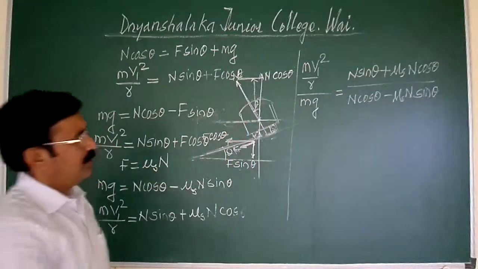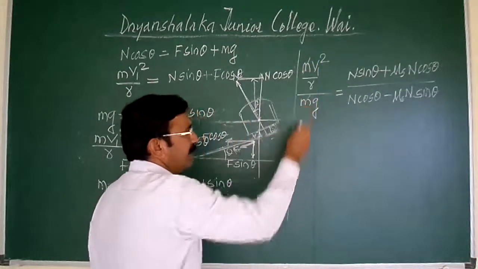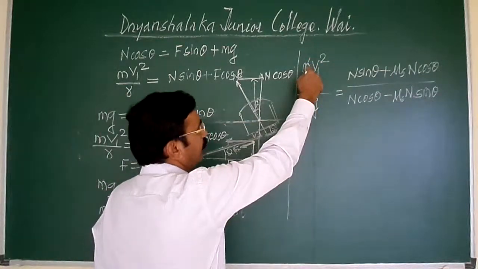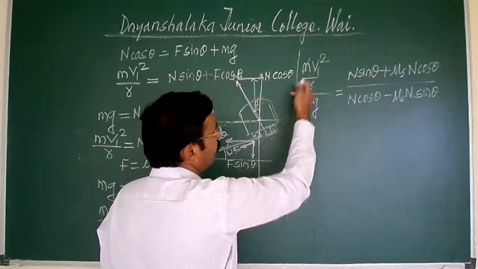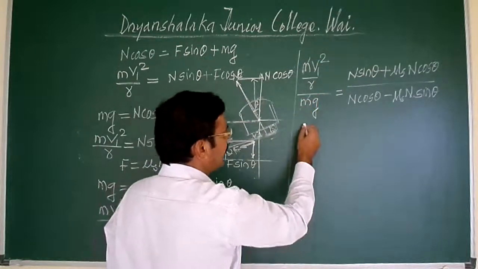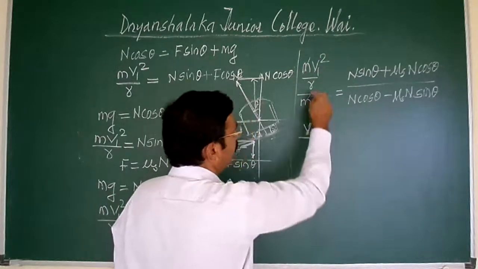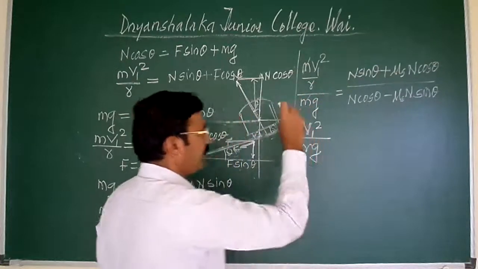So from this particular expression, we'll be able to cancel m from numerator and denominator of the left hand side. So the left hand side will become v1 square upon, numerator's denominator will come to denominator, so it will be rg.